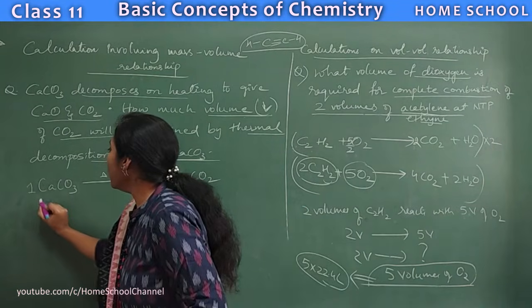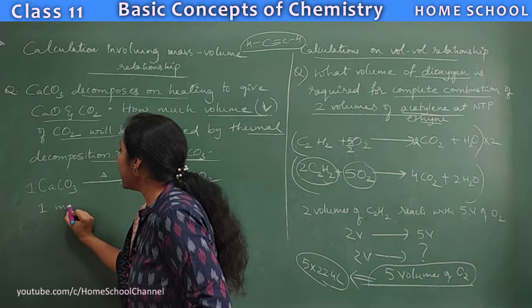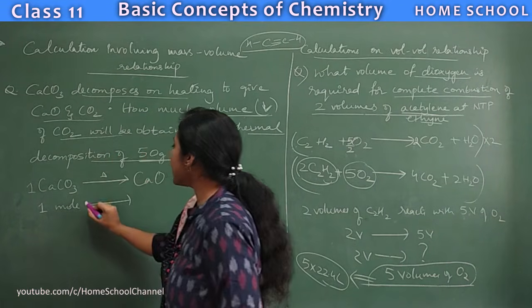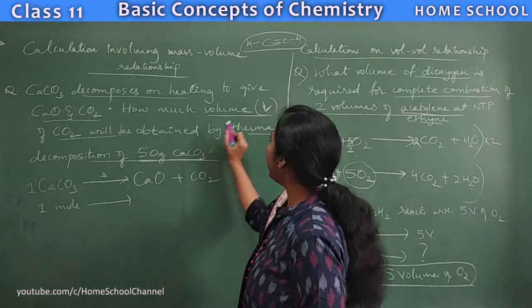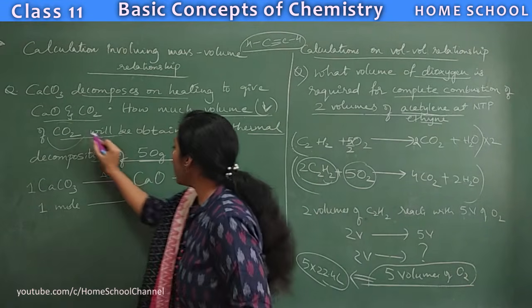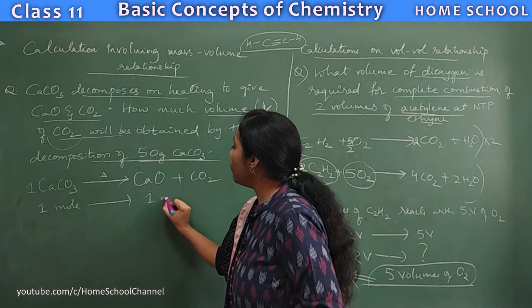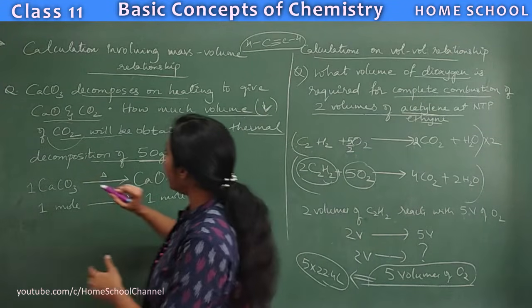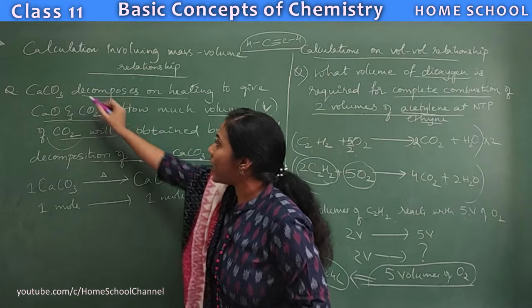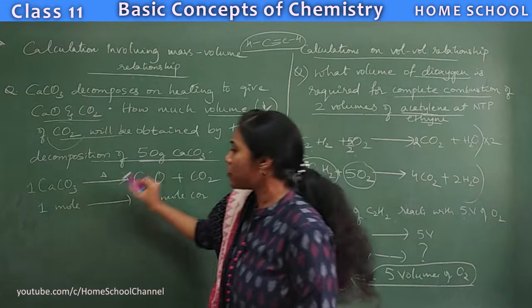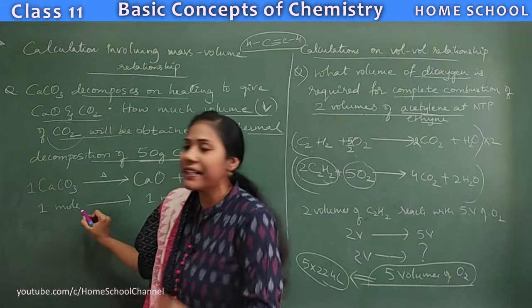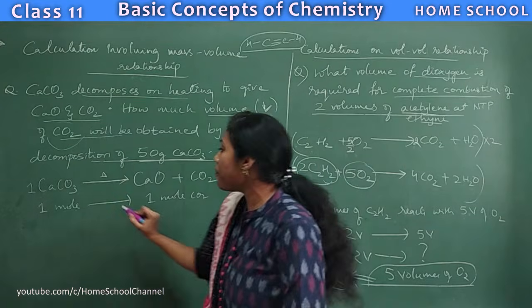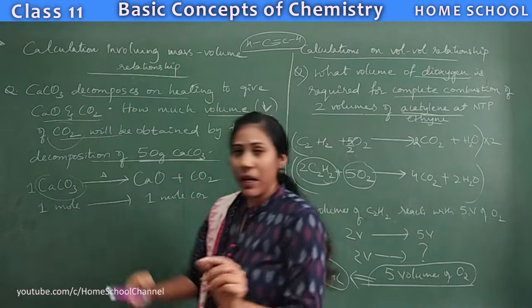Actually from the equation I can take 1 mole is undergoing decomposition to give how many moles of carbon dioxide? To give 1 mole of carbon dioxide only, right? So that means see, they gave information of calcium carbonate in terms of mass. So 1 mole of calcium carbonate, if you have to write in terms of mass, it is equal to its molecular mass.